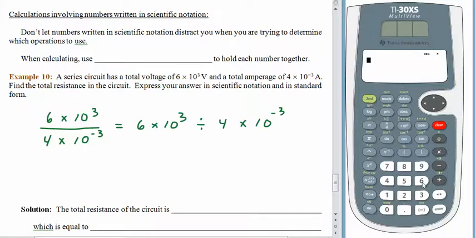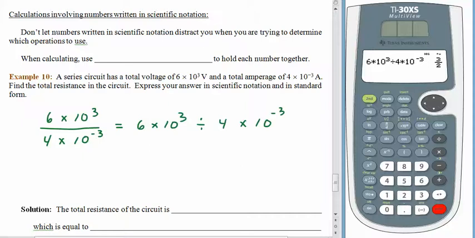If I do this, 6 times 10 to the 3rd, come out of the exponent, divided by 4 times 10 to the negative 3rd power, come out of the exponent, and divide, I'm going to get 1.5. And this is wrong, completely and totally wrong.